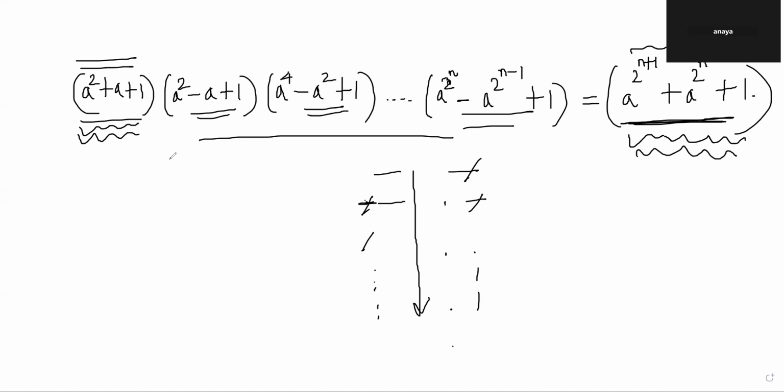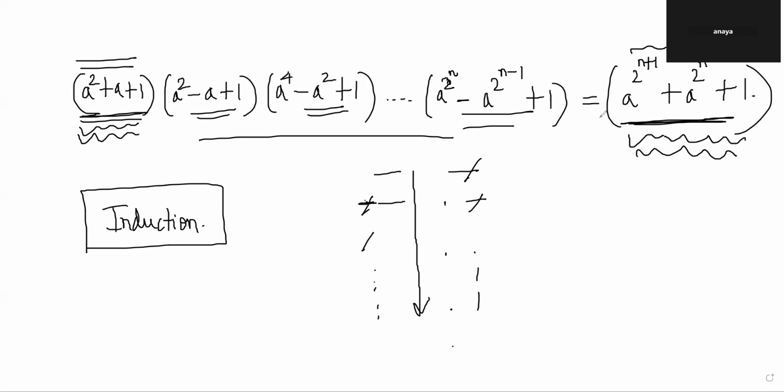Another way to do the same proof, if you don't want to use these identities, is to use induction. In the induction proof, you will have to do the base case. We already saw that in the base case, they are the same. Then you will have to assume that it is true for n, that a square plus a plus 1 divides this.